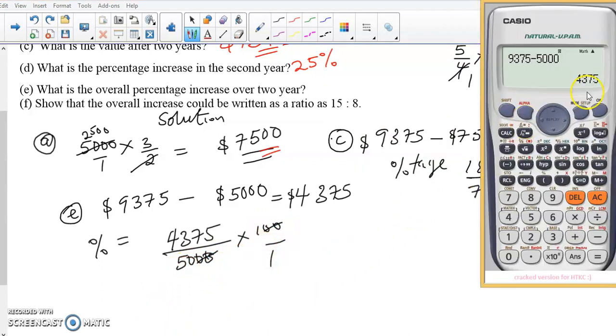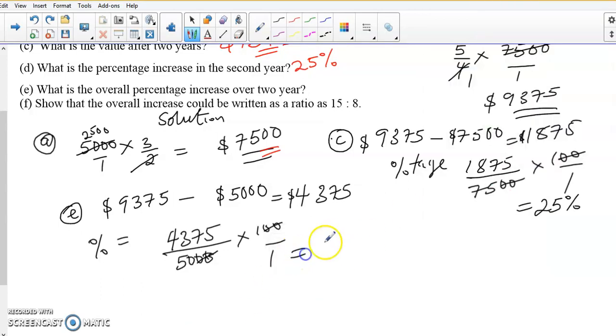So I can say 4,375 divided by 50. We have that to be 87.5%. So that is what we have here. 87.5%. That's the answer.